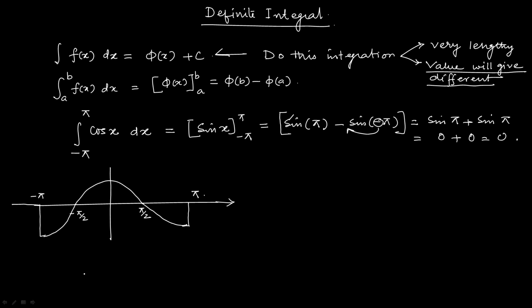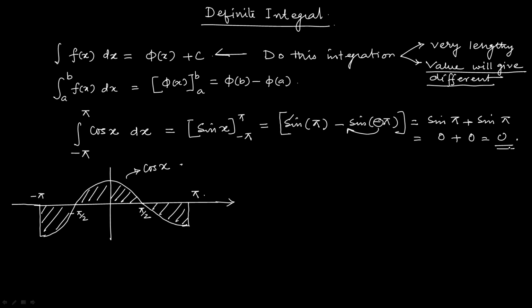So this is the cos curve. This area is giving this one, and this area is giving this one. Here the value of the area is given as 0.